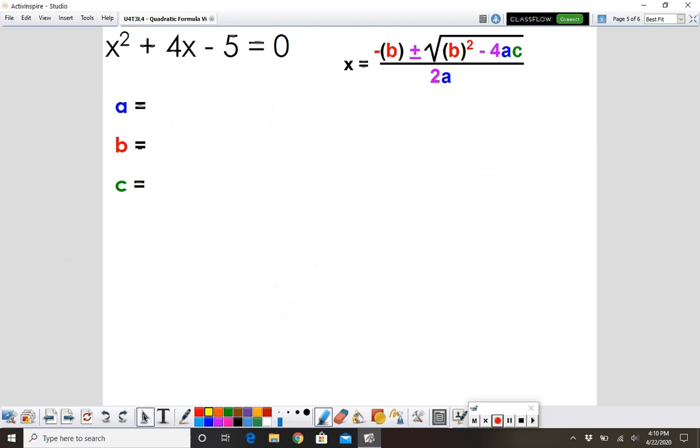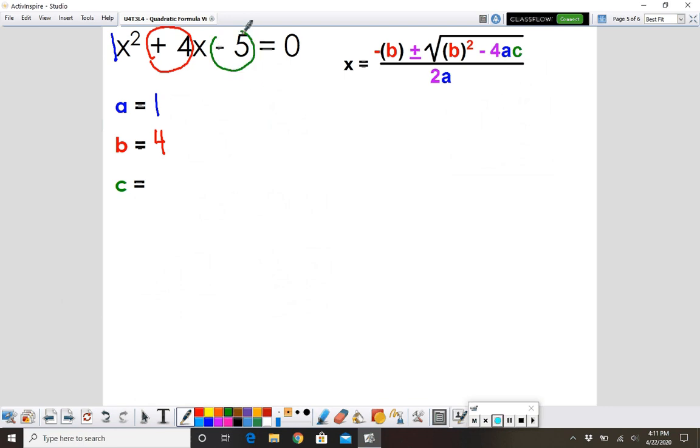So in this case here, we've got x squared plus 4x minus 5. First thing we're going to do is list our a, b, and c values. So a is 1, b is positive 4, and c is negative 5.